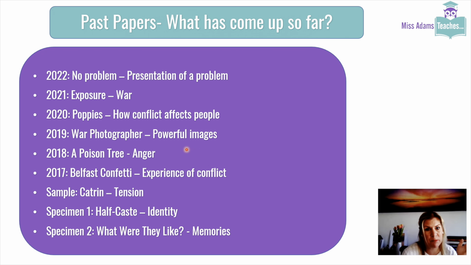Obviously A Poison Tree, Blake isn't, but the vast majority of them are the more modern set of poems. There's also been a lot that is war focused, and of course because it's the conflict section, but there are other poems in the collection that aren't specifically to do with war.